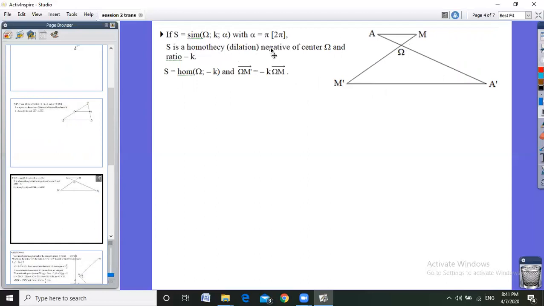Then S in this case is a negative dilation of center omega and ratio minus K. That is, S is the homothety omega minus K, with omega M prime equals minus K omega M. To write the negative homothety or negative dilation as a similitude, we can write similitude omega, minus K, pi.